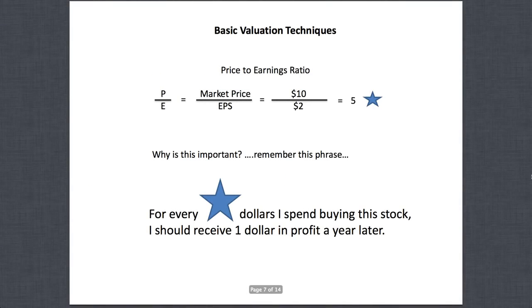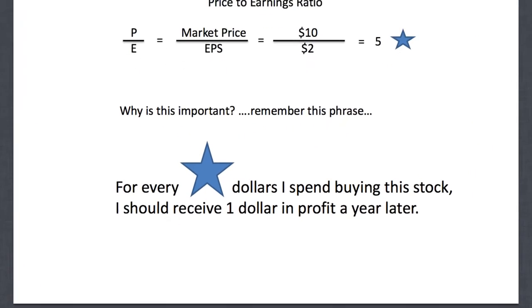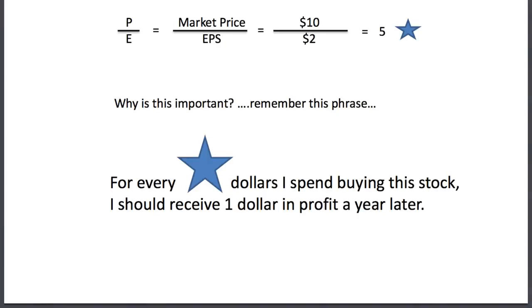So what does that 5 that we came up with mean? So your PE is a 5, but why is that number important? The best way I can describe the PE ratio is to remember this phrase. If you read this phrase, for every, then the star represents the PE ratio. You'll put that PE ratio in where the star is.